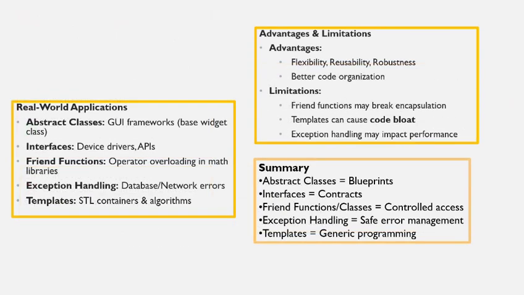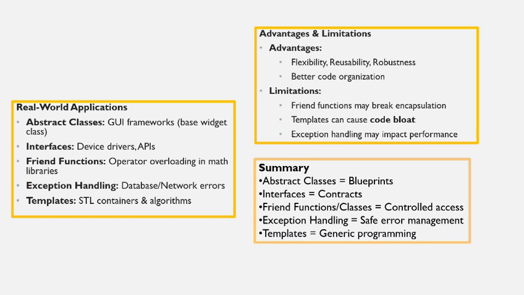Now we look at the overall advantages, limitations, real-world applications, and also a summary of this presentation. Advantages: it provides flexibility, reusability, robustness, and better code organization. When it comes to limitations, friend functions may break encapsulation, templates can cause code bloat, and exception handling may impact performance.